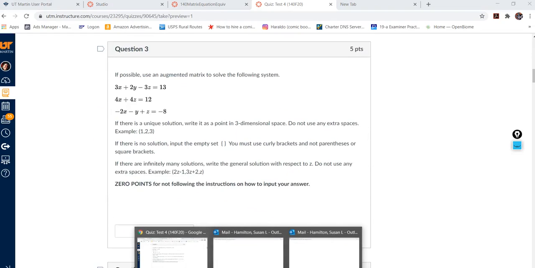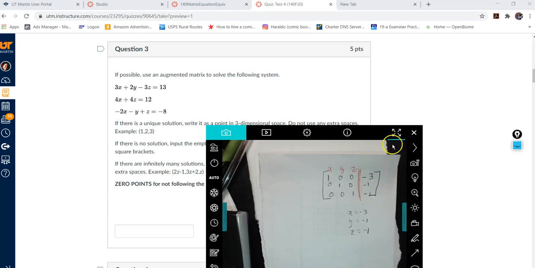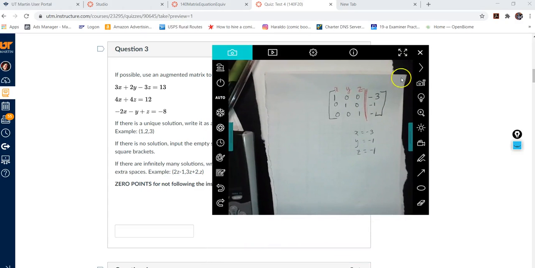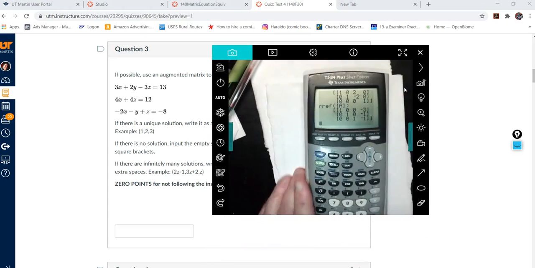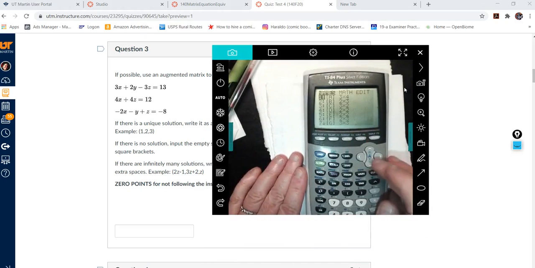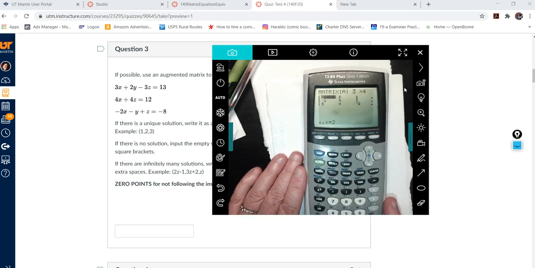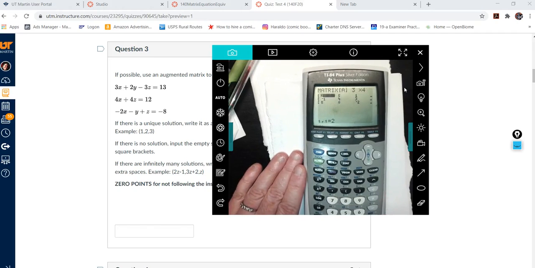Okay, so what about this guy? We're going to do the same thing. Going to get into my matrix menu, go to the editor. Again, my augmented matrix will be a 3 by 4, and the first row, according to this equation, is going to be 3, 2, negative 3, 13.